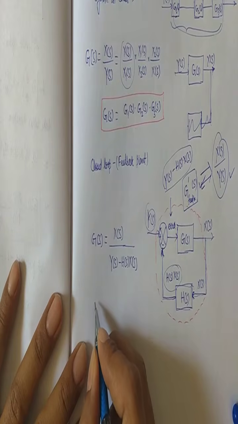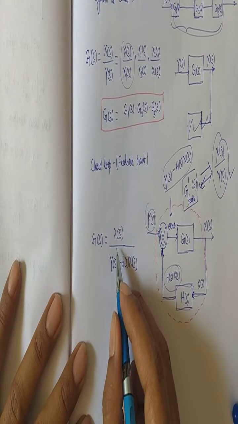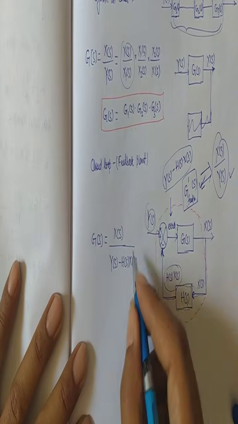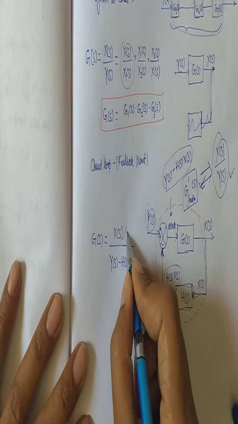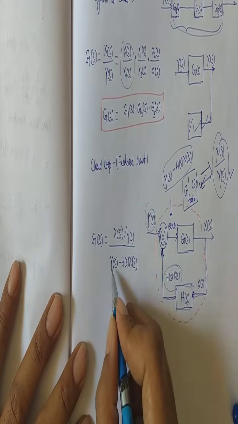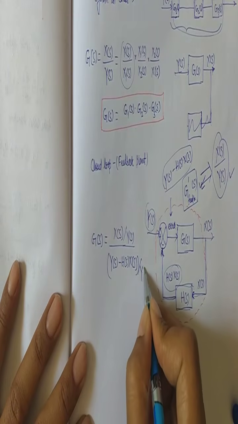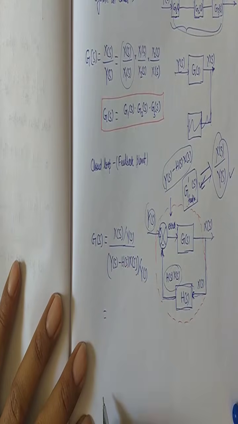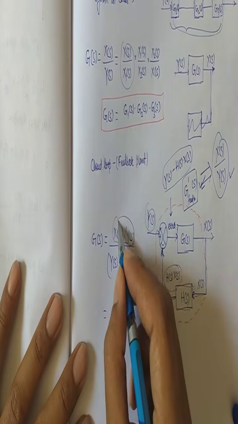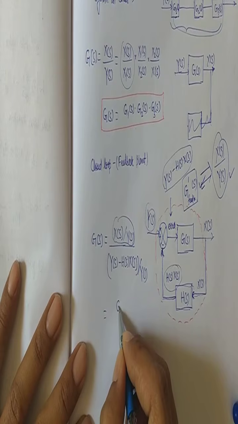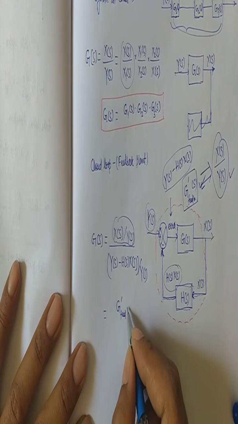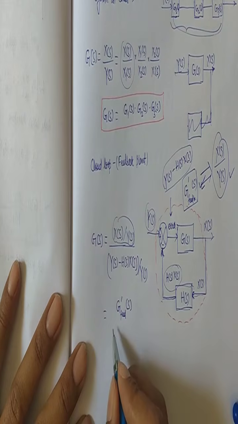So I will divide by YS throughout. What will I get? XS by YS is G dash, the feedback or closed loop, right?